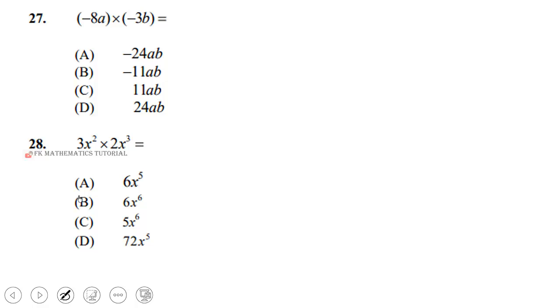Number 27, negative 8a times negative 3b is equal to, so we have negative 8 times negative 3, which is positive 24. A times b is ab. 28, 3x squared times 2x cubed, so 2 times 3 is 6. X squared times x cubed, you add the exponents.